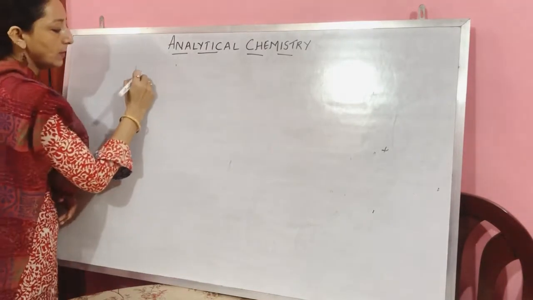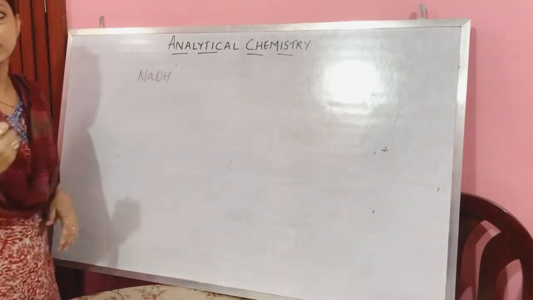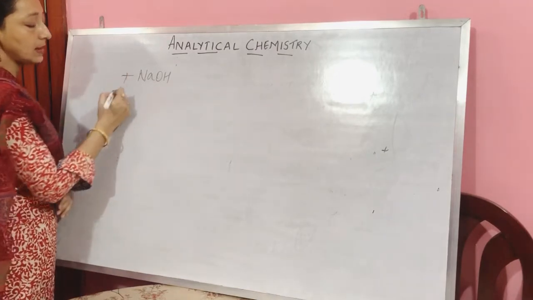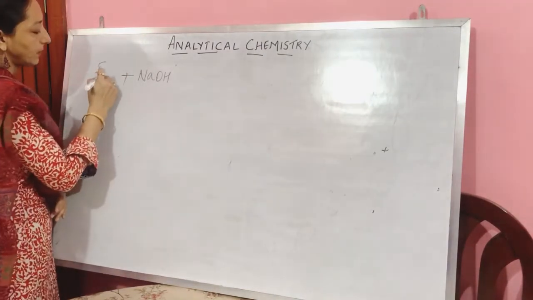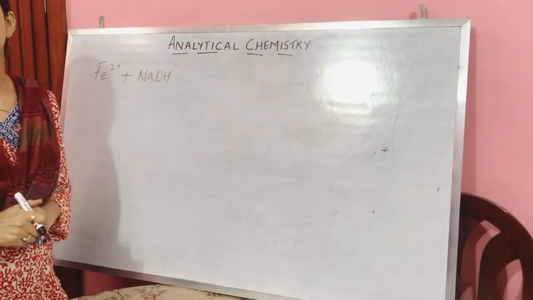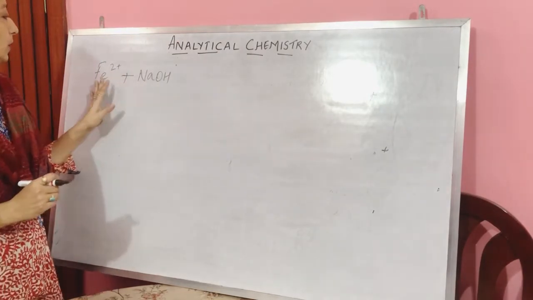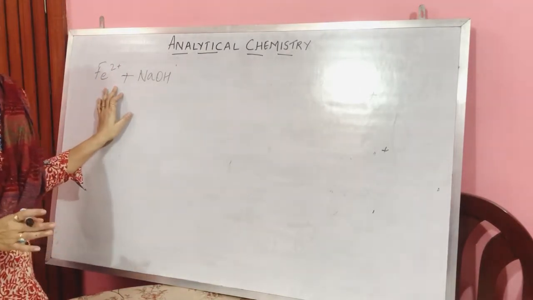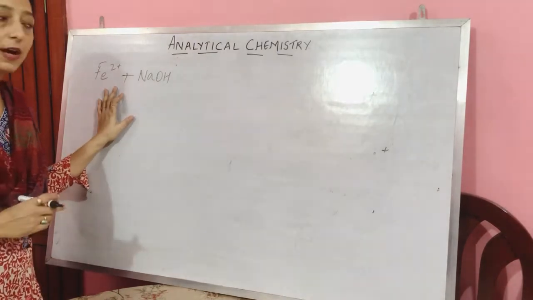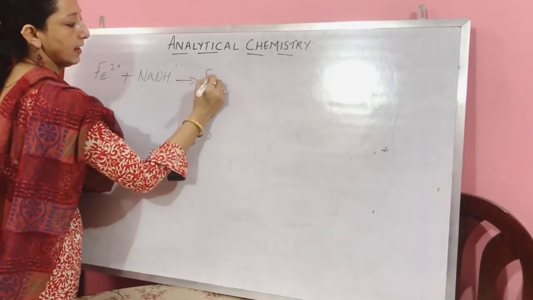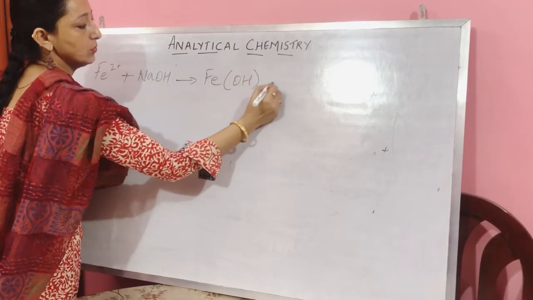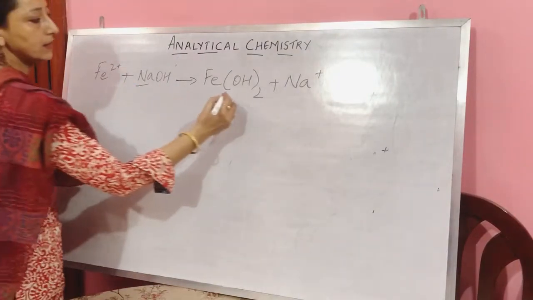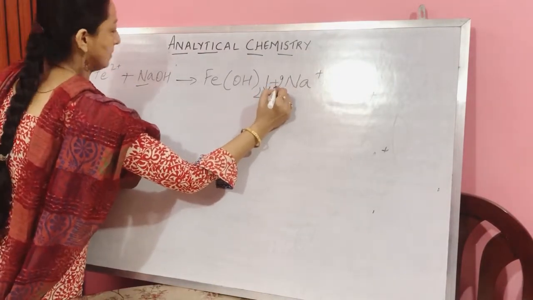When NaOH solution is added to a solution which has Fe2+ ions, the color of Fe2+ is dirty green, so iron 2 hydroxide, Fe(OH)2, is formed along with sodium ions, and this is a precipitate.